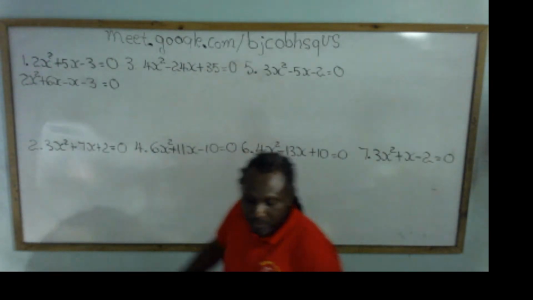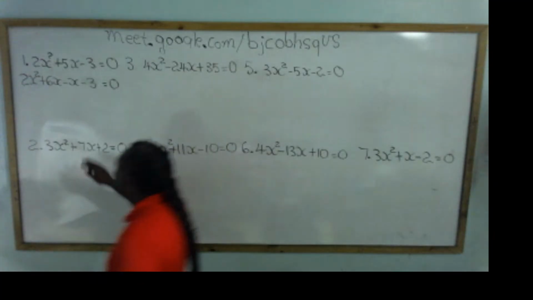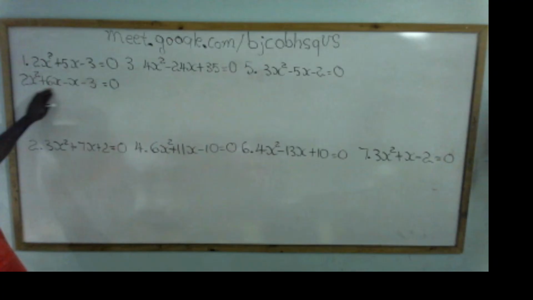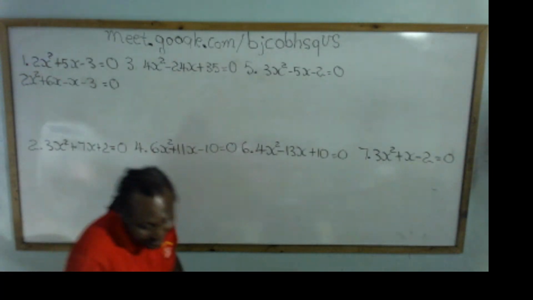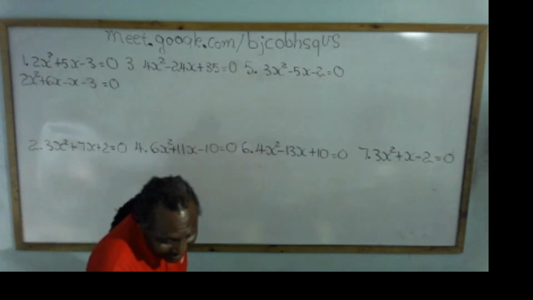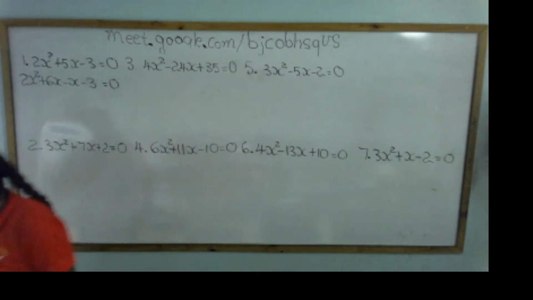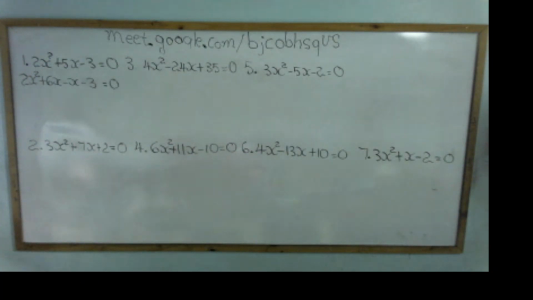So we are going to take our common factors. First we'll take the common factor from here. What's the highest common factor of 2x squared and 6x?